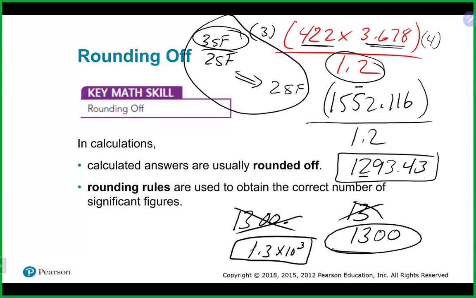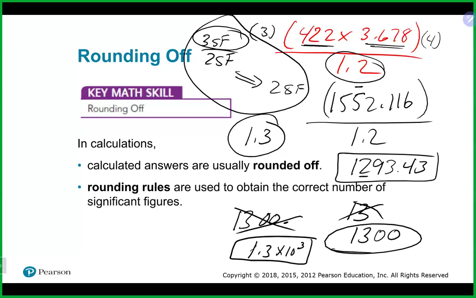Yeah. Say it again. It cannot, although 1.3, is that what we're asking? Yeah. Although 1.3 does have two significant figures, remember that you do not want to change the meaning of the number.